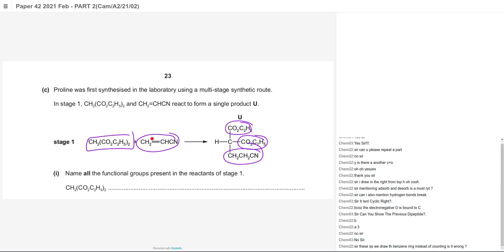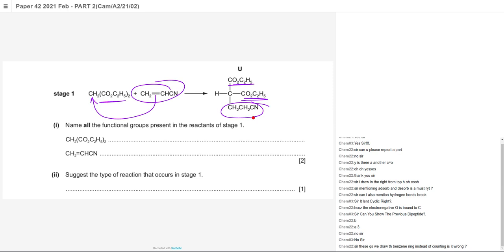I don't know exactly what has happened here, but the pi bond has opened, and then it has attacked this carbon over here. This is what I can think of. This is there, and this is one of the hydrogens. This is as it is, this whole thing. Let's see what the question is.